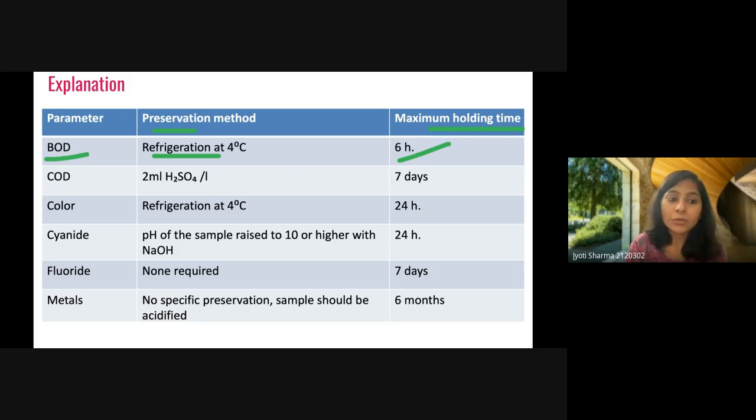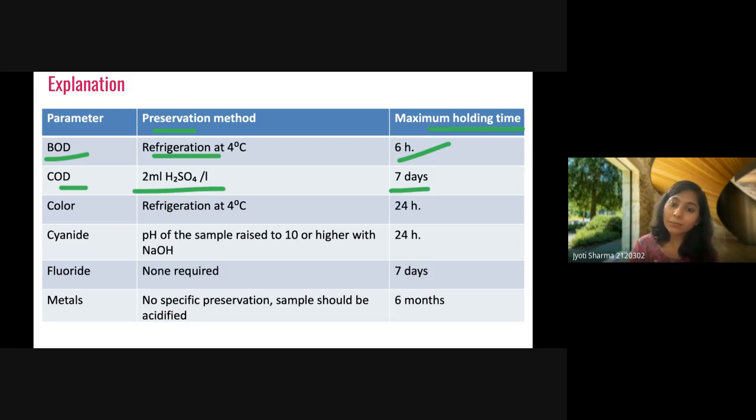If it is COD, if you need to analyze the COD, then the preservation method will be 2 ml H2SO4 per liter, and this is how you can hold your sample for 7 days.